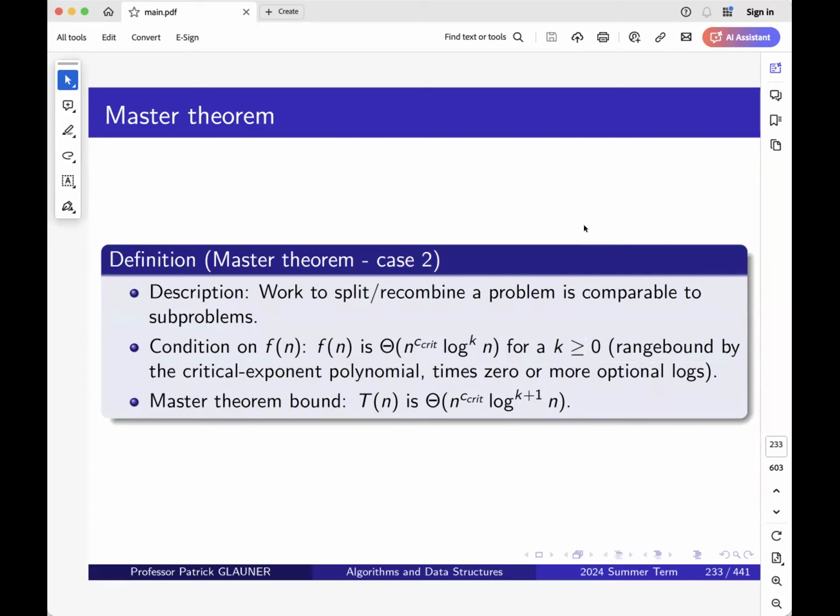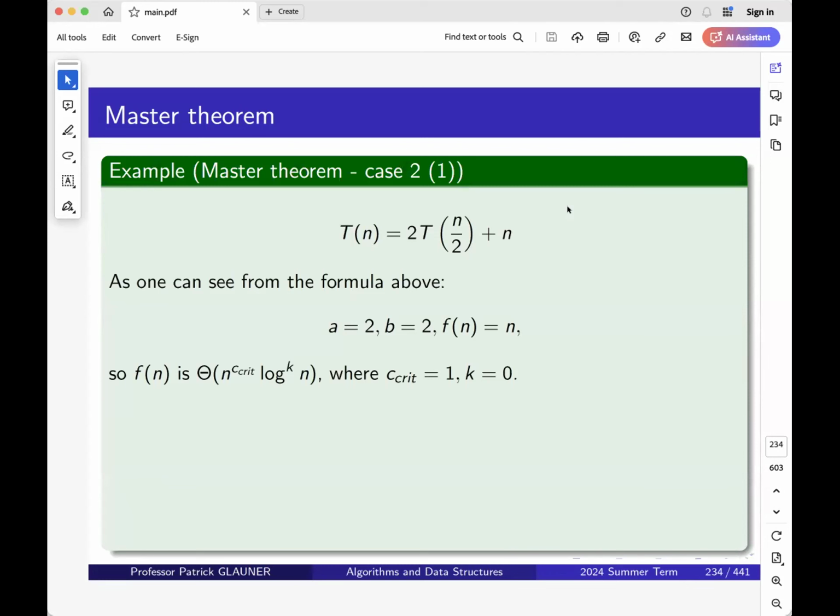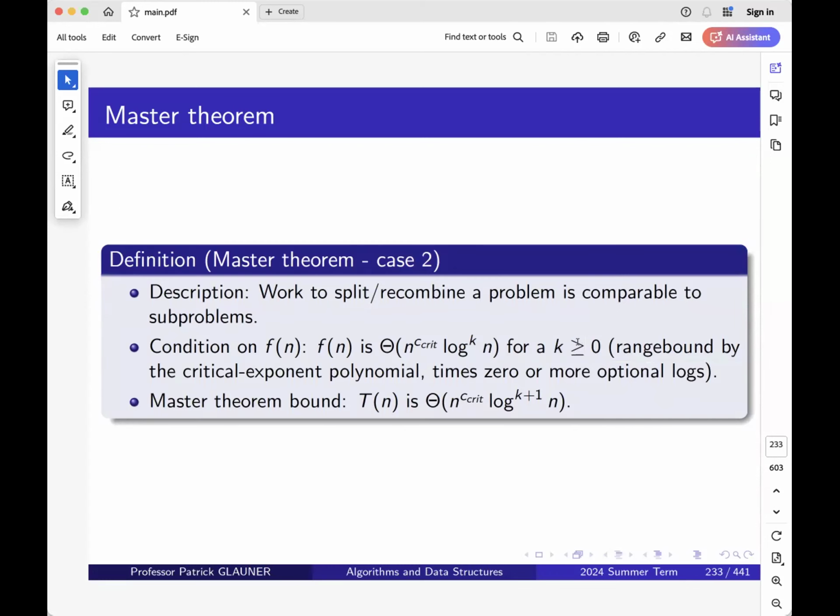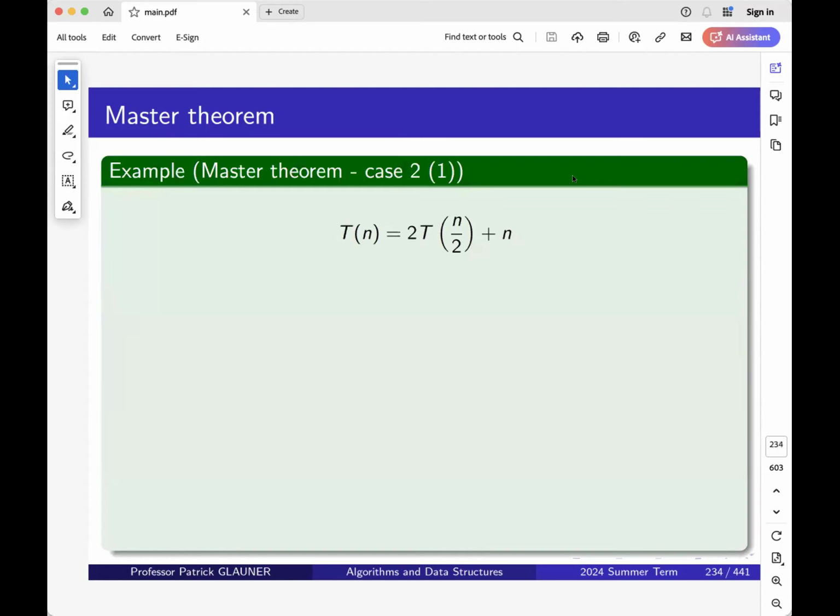In our two examples, k was 0 in both cases, but it could also be a value greater than 0, like 1 or 2 or whatever. Feel free to come up with more recurrence relations to practice this. And you see, using the master theorem is overall not that difficult.